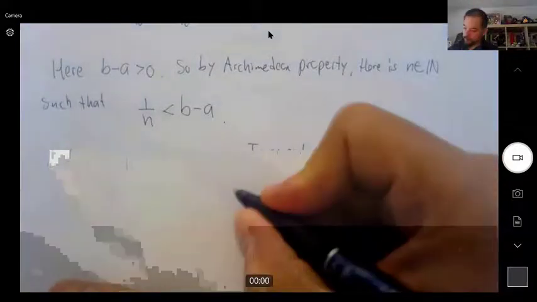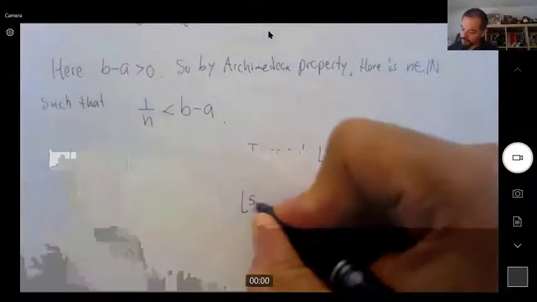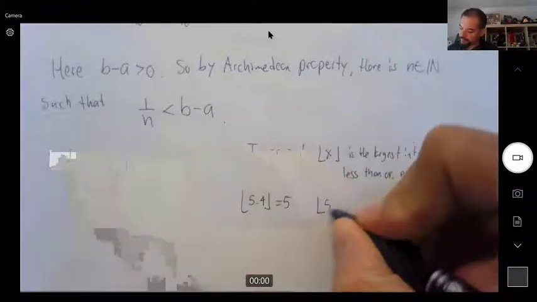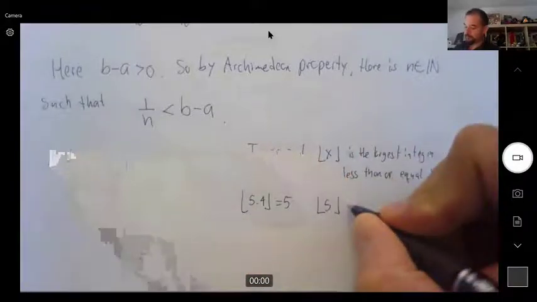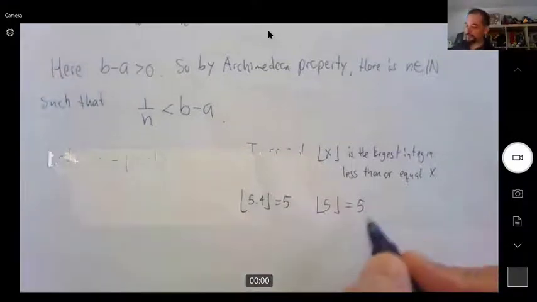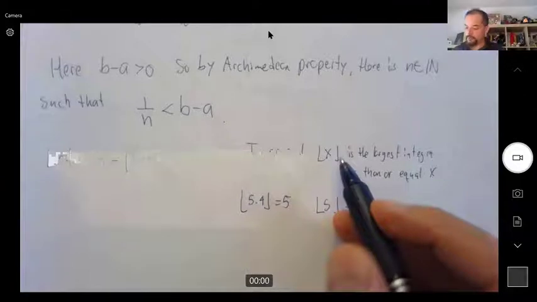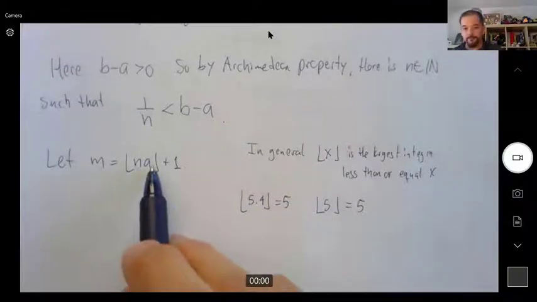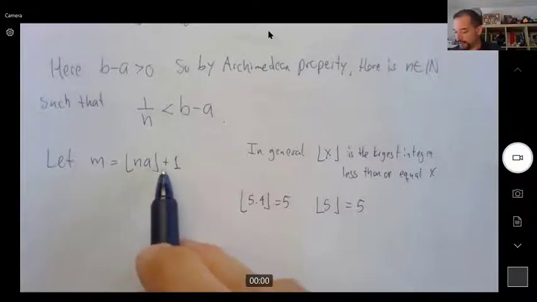So for example, the floor of 5.4 is 5. The floor of 5 is 5 itself because it's already an integer. So it's like taking the integer part; it's also called the integer part. That's what we're doing here: we're taking the integer part of n times a and then adding 1.